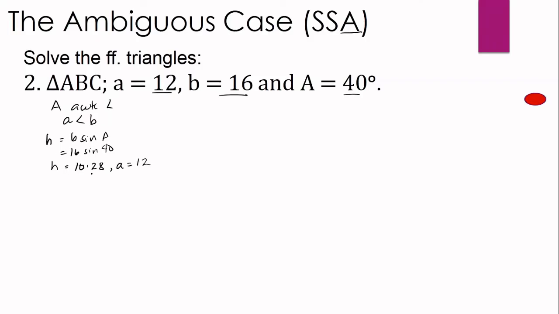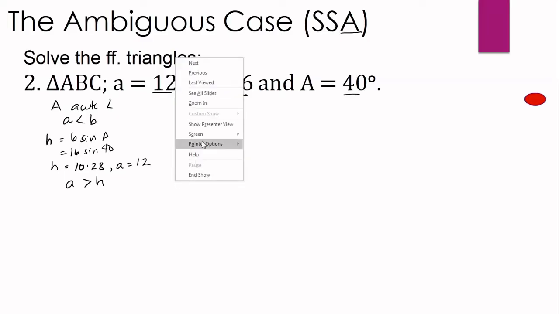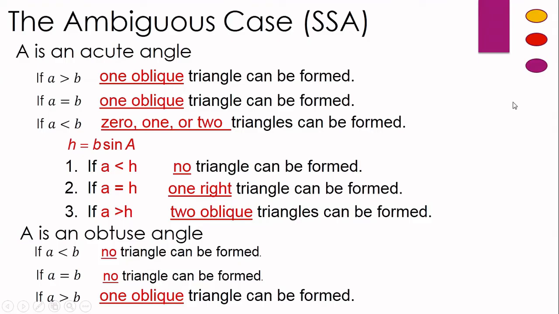We need to compare the side and the height, and as you can see here, our side a is actually greater than the height. So anong ibig sabihin if a is greater than the height? If a is greater than the height, meaning to say there are two oblique triangles.